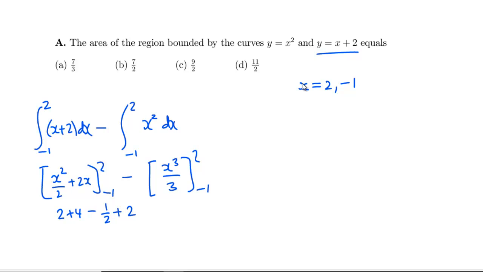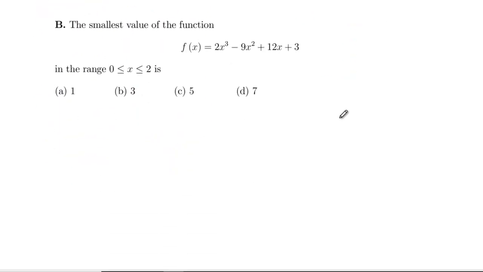Then I'm going to take off 8 over 3, and then take off another third. So I'm taking off 3 from all of that. So I've got 4.5 all in all. So C. Right, so that's a fairly standard starter.